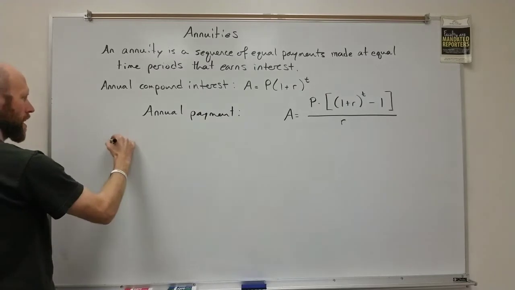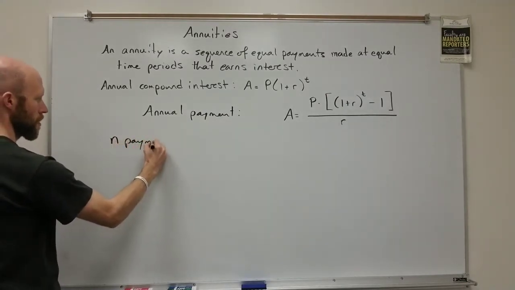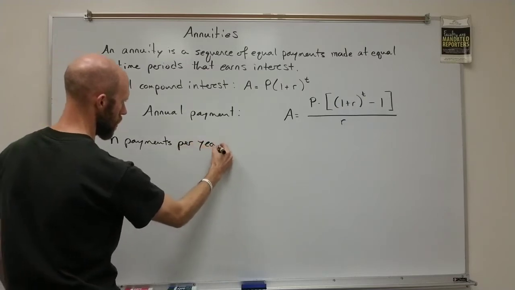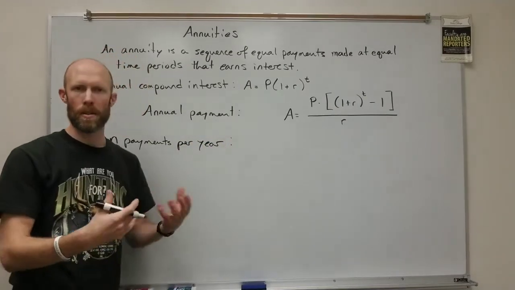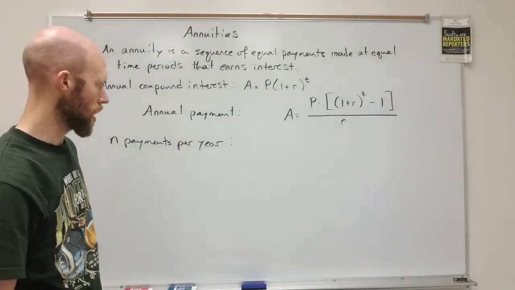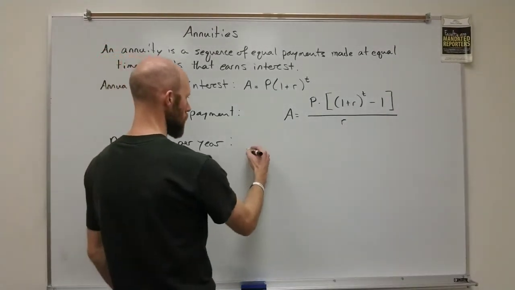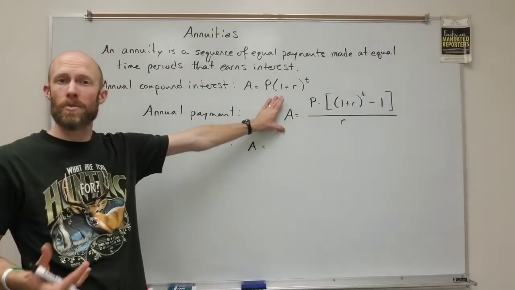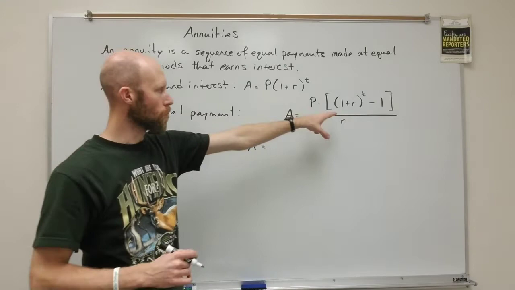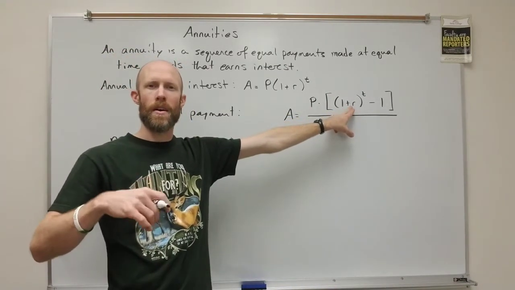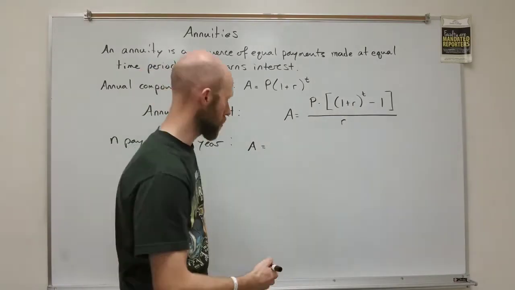Now if we wanted N payments per year, so instead, maybe it's monthly, maybe it's daily, I don't know, probably monthly is the most common, you basically make the same adjustments to this formula as we did with the compound interest. Anywhere the R shows up, you divide it by N, so you have 1/N of the rate at each compounding period.